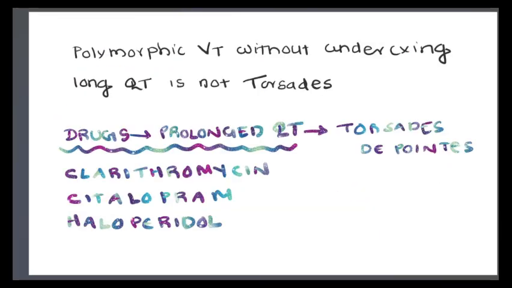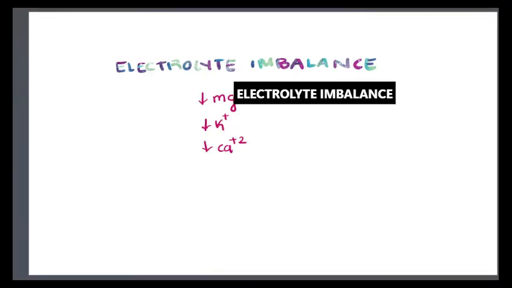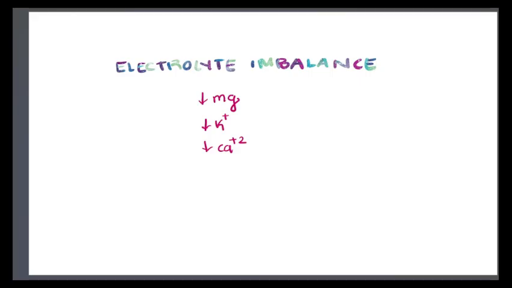Important ones are the antibiotic clarithromycin and antidepressants like citalopram and haloperidol. You need to remember the names of these drugs, as well as electrolyte dysfunction like hypomagnesemia, hypokalemia, and hypocalcemia.